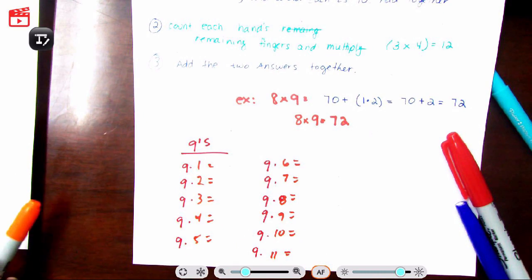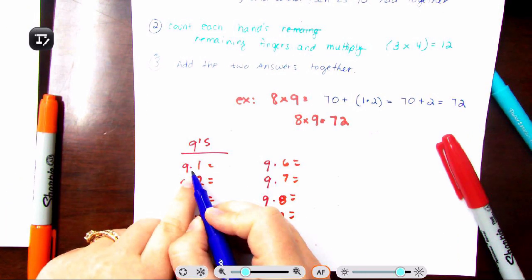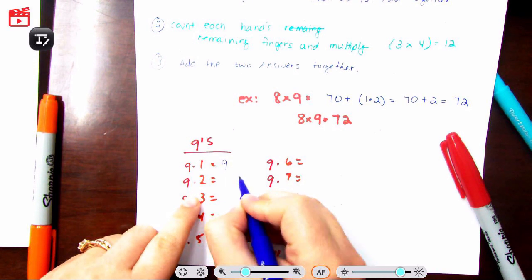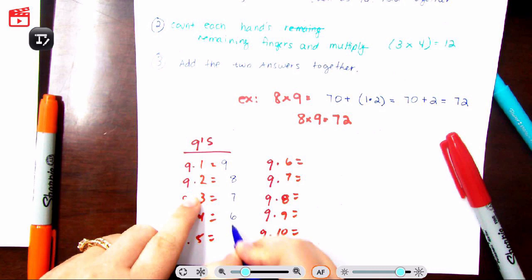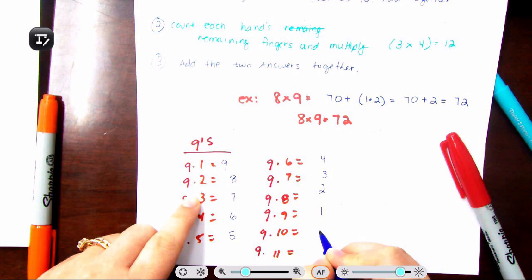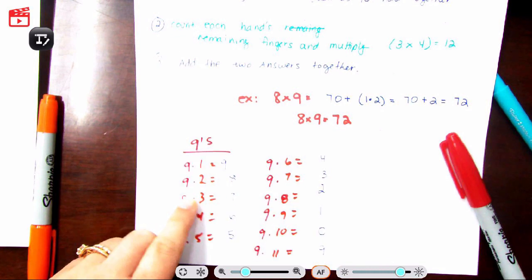All right, and what's really cool is you start with whatever you have. So 1 times 9 is 9. Then you're going to actually go down. So I'm going to go 9, 8, 7, 6, 5, 4, 3, 2, 1, 0. And I'm going to go back to 9.